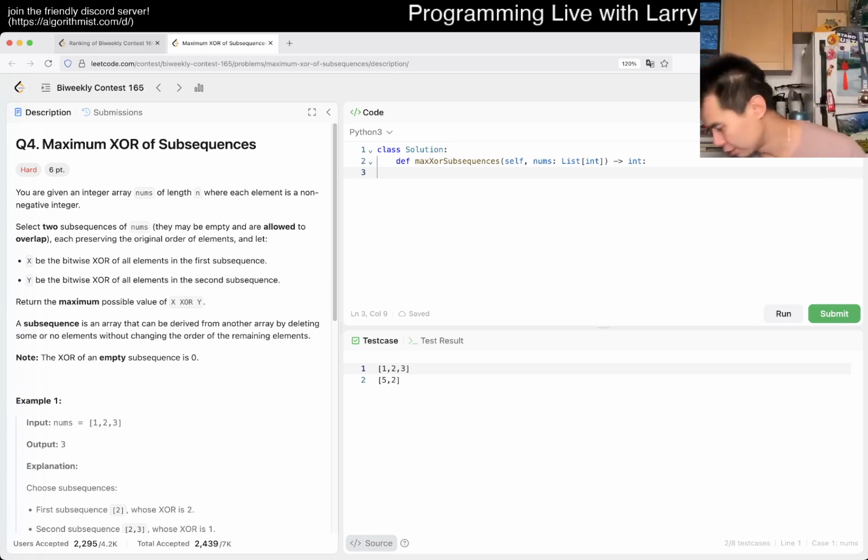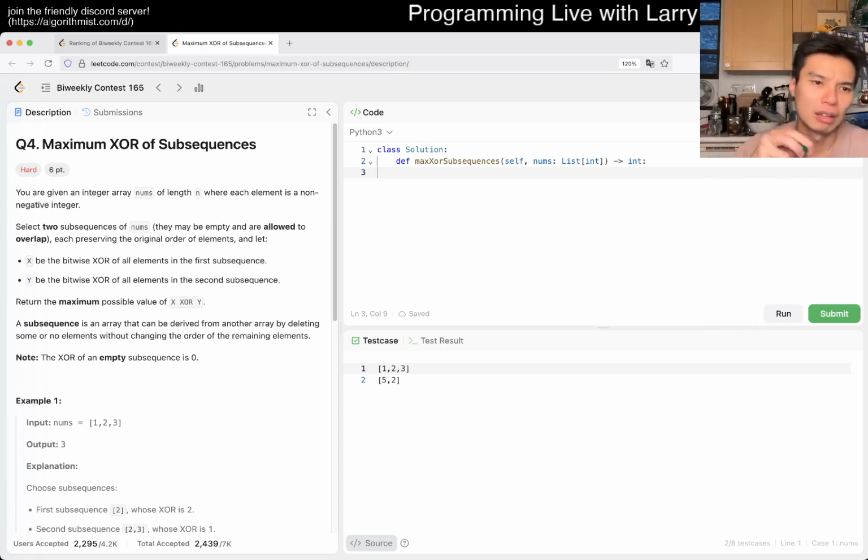Okay. Ooh. Maximum, okay, so you want x XOR y. Have to be non-empty.